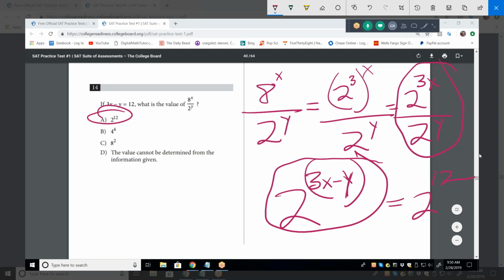And this problem will present itself in various ways. But this little trick where you go 8 is the power of 2 is the most common one. Let me give you one more example, because you're going to see problems like this.